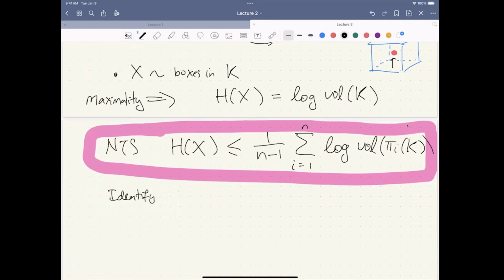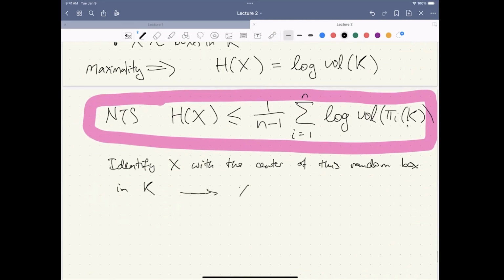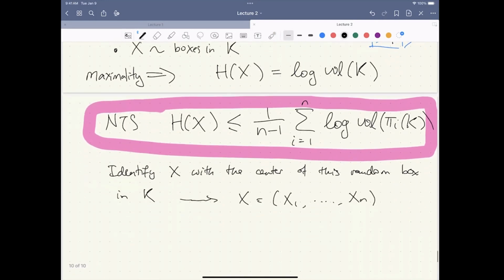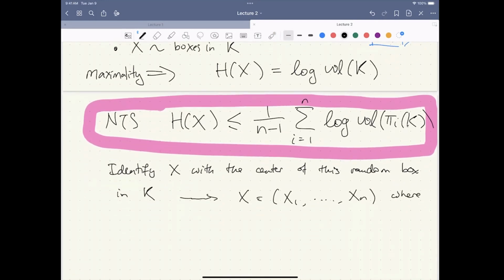Identify X with the center of this random box in K. We can write X as x1 to xn, where xi are the coordinates of the center.